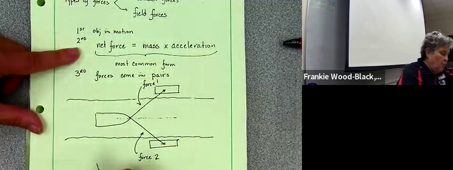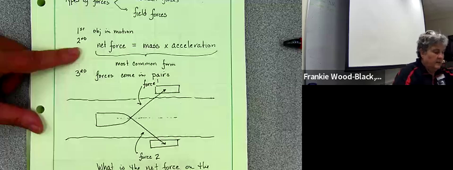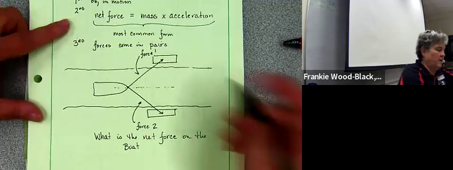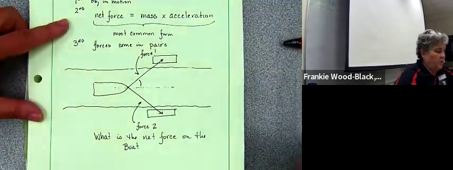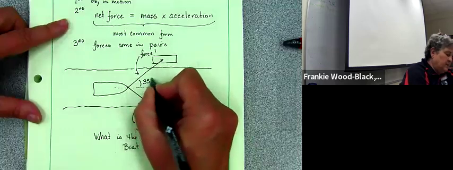And we want to know what is the net force? We want to know the net force on the boat. That's really what we want. So we're going to be given this picture, and we're going to say that that's 35 degrees.